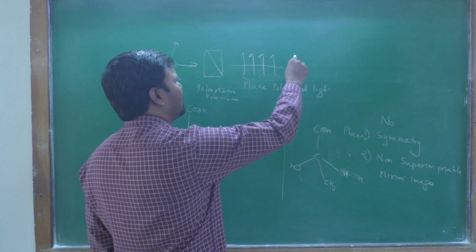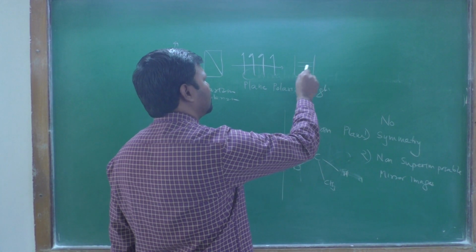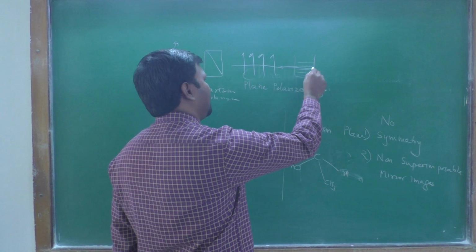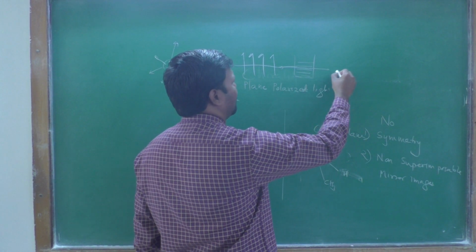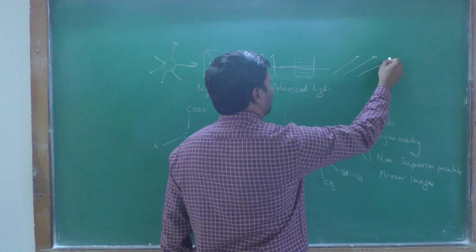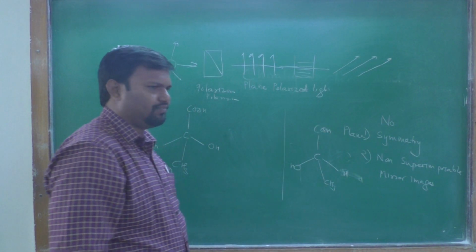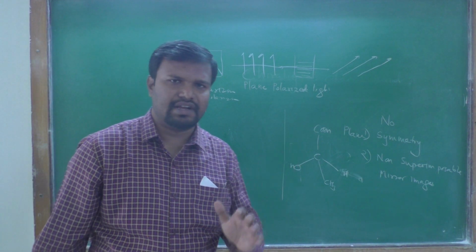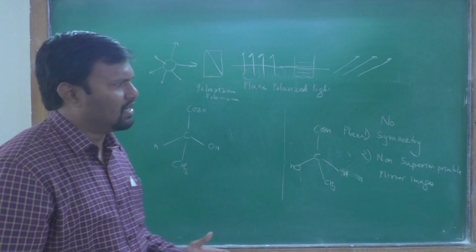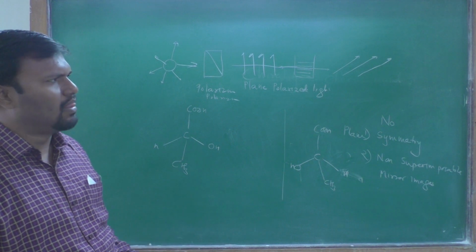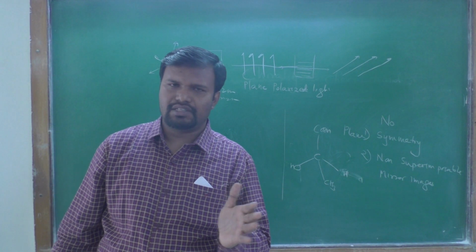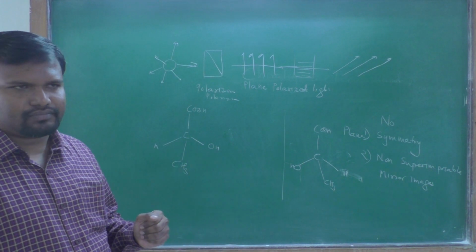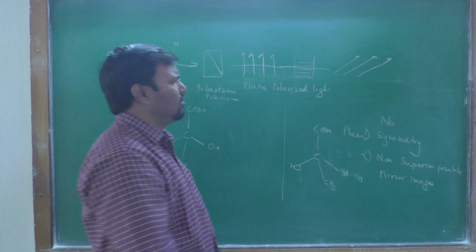When your plane polarized light passes through the compound, it rotates, either to the left hand side or to the right hand side. If it rotates plane polarized light to the left hand side, it is a levorotatory substance, and if it rotates to the right hand side, it is dextrorotatory.